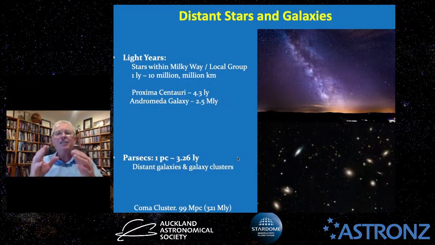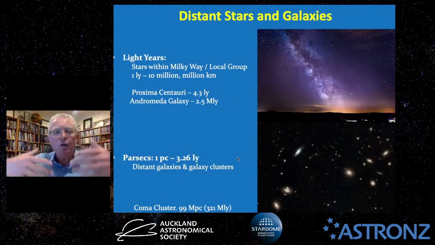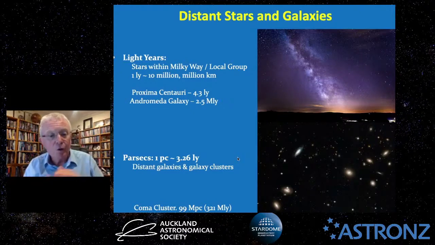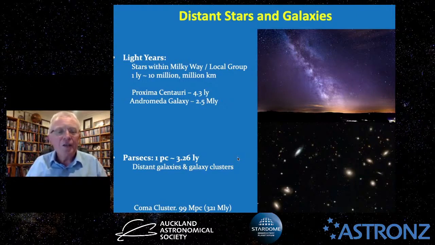How about stars and galaxies that are beyond our local group, more distant? They tend to use what they call parsecs. We're going to talk more about parsecs later on with parallax. But a parsec is about 3.26 light years, and they use that measure out to distant galaxies and clusters.